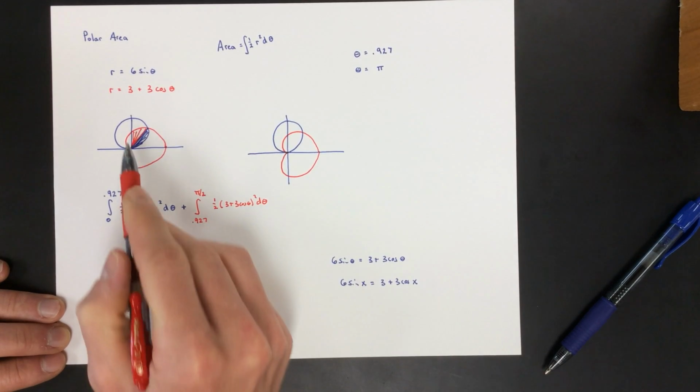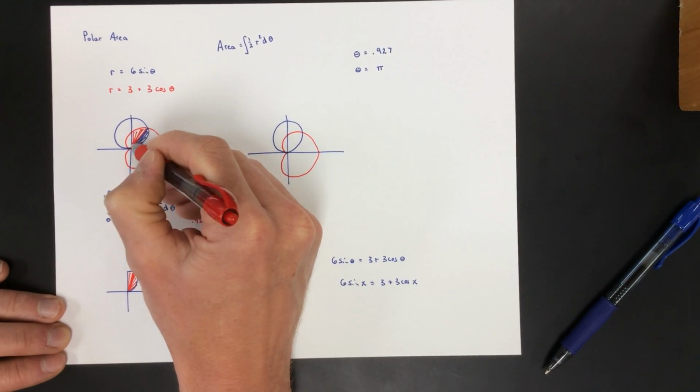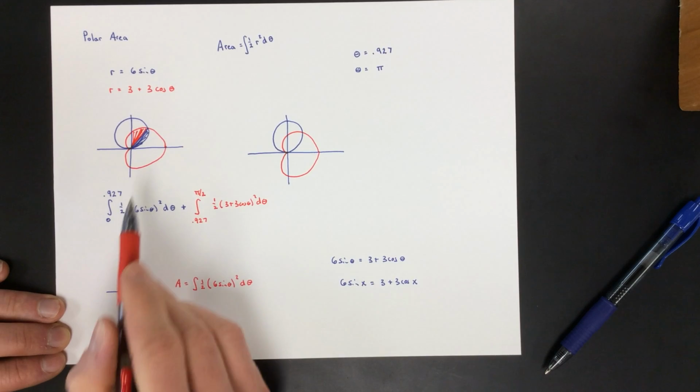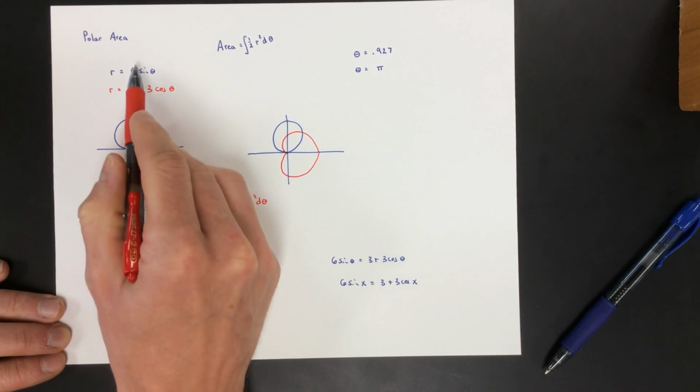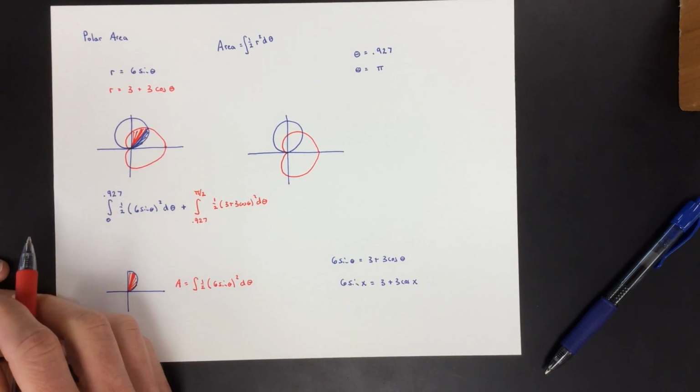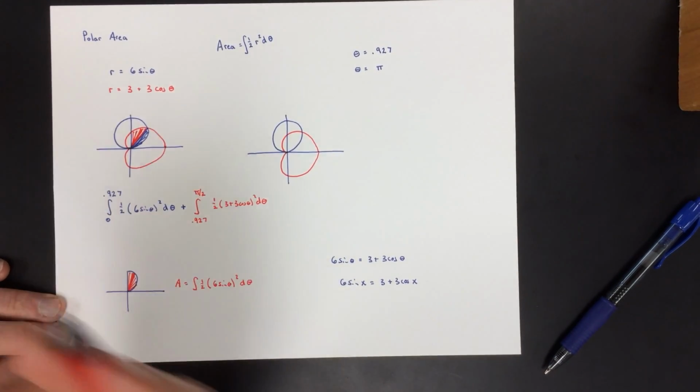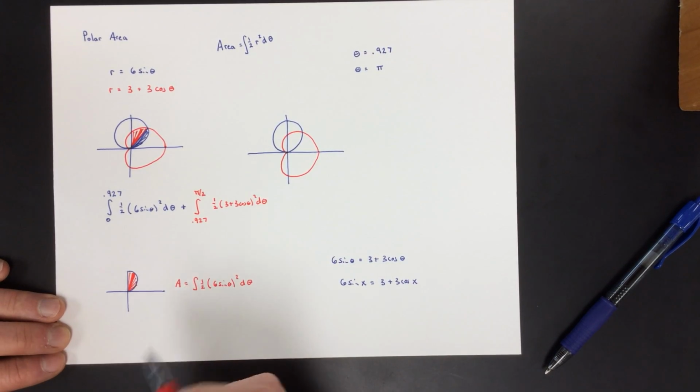And I add those two areas up, and then you get the red and the blue, and you get everything that I wanted. The blue is the bound, and then the red is the bound, because the two curves are different. Okay, so sometimes you have to add up integrals. Sometimes you just got to do one integral, like here, all you want is that.